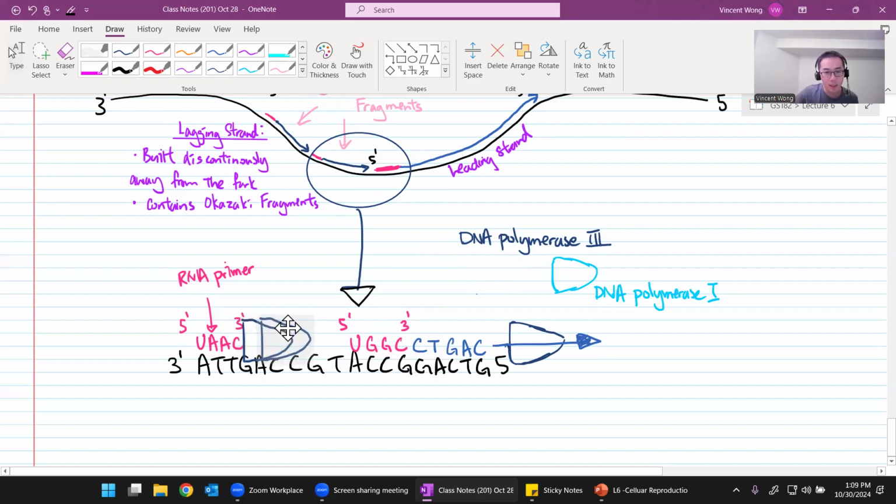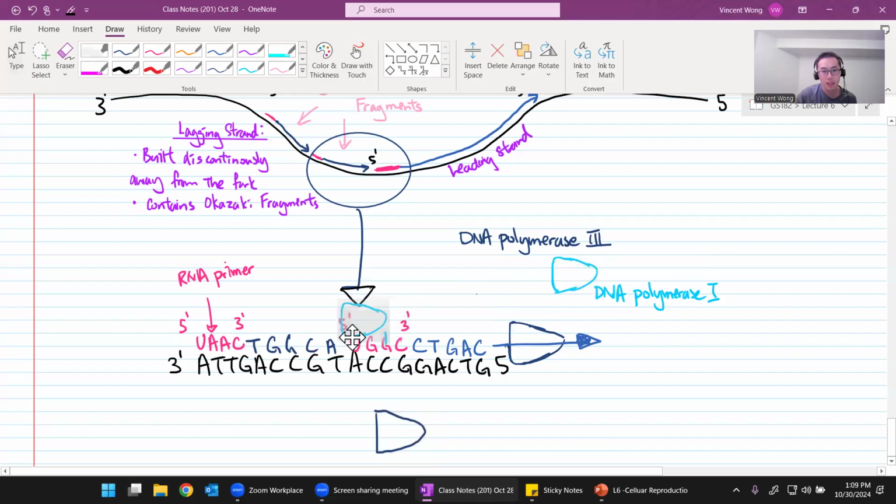It's going to keep on going, and then eventually it's going to hit the primer ahead of it, so to speak. So it's going to put some nucleotides T, G, G, C, A, and then it's going to hit the RNA primer that was laid down beforehand. So what happens when the DNA polymerase 3 gets to a primer is that it will fall off. And then it will signal DNA polymerase 1 to come along. Okay?